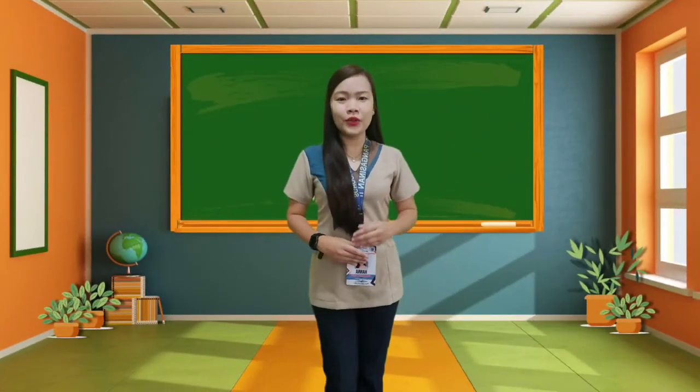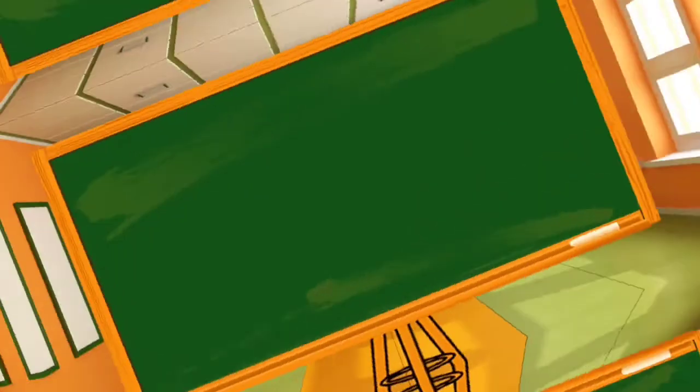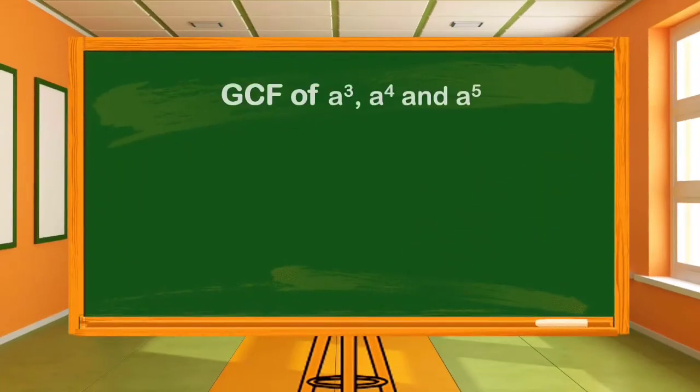How about the greatest common factor of algebraic expressions where there are variables and exponents? Let us have this example. Determine the GCF of a cube, a raised to 4, and a raised to 5. Remember that a cube means a times a times a.